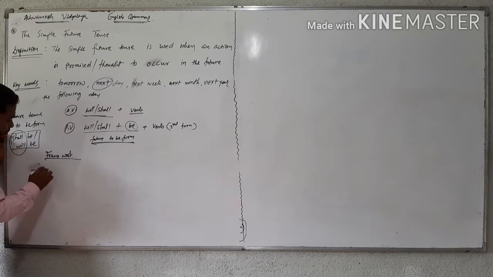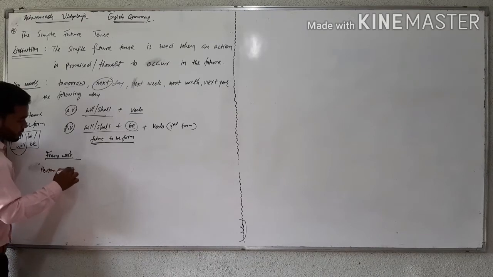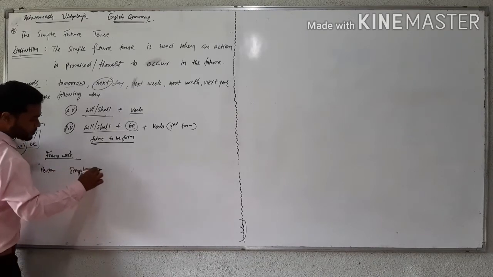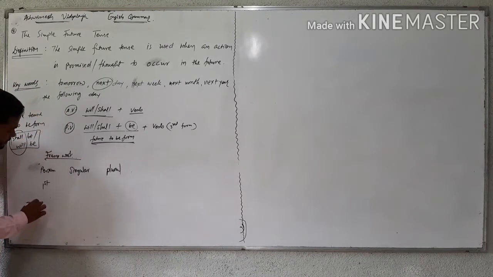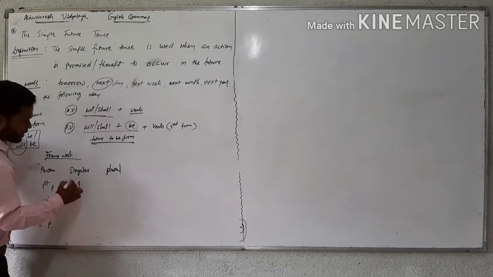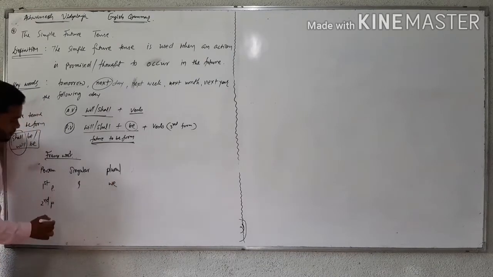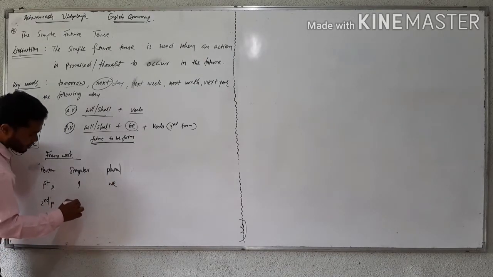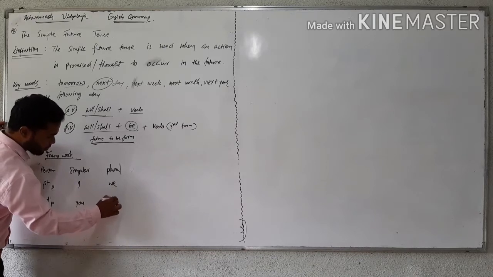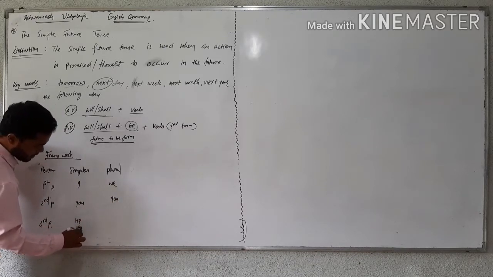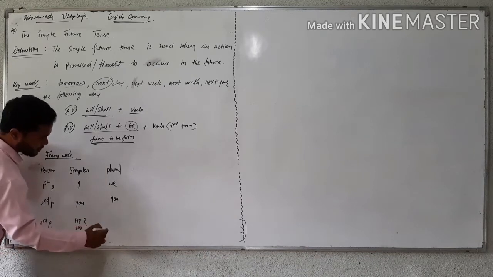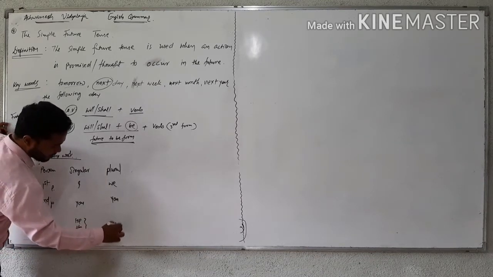First, we write the persons, singular and plural: first person, second person, and third person. First person singular is I and plural is we. Second person singular is you and plural is you. Third person singular is he, she, it, and third person plural is they.